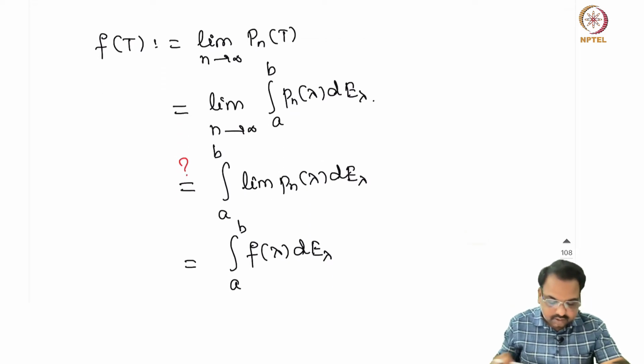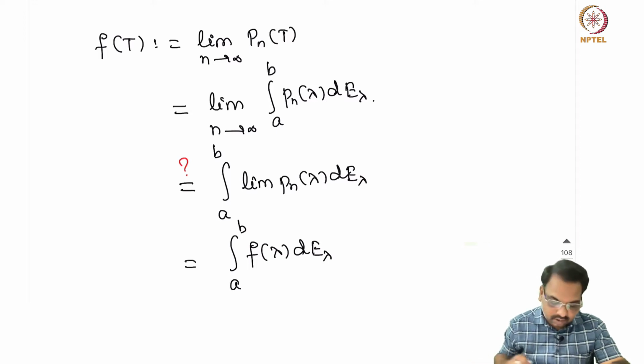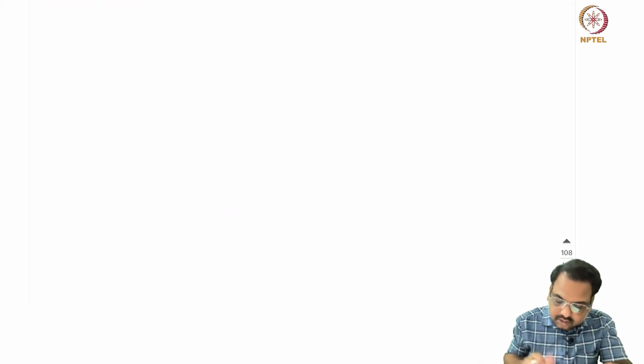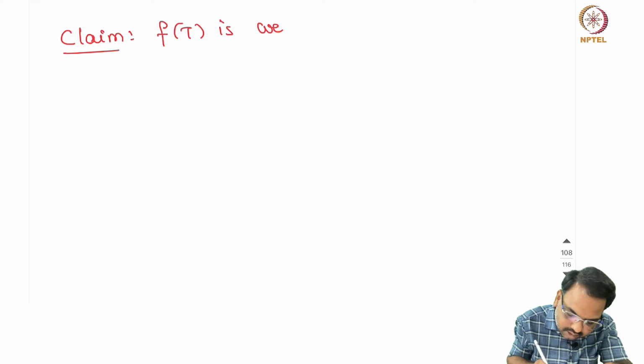So first let us try to establish the fact that f of T is well defined. That means if you have another sequence of polynomials Qn which approximates f uniformly, then we should get the same limit. So the first claim is f of T is well defined.